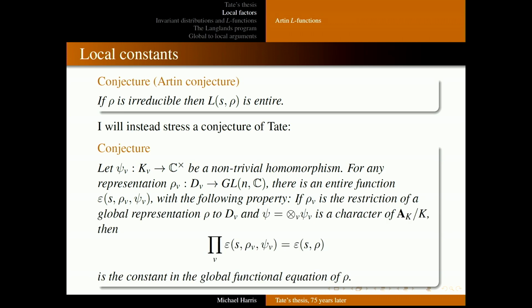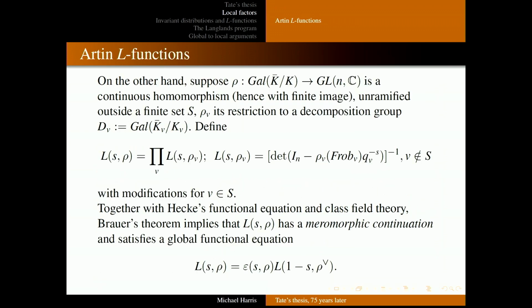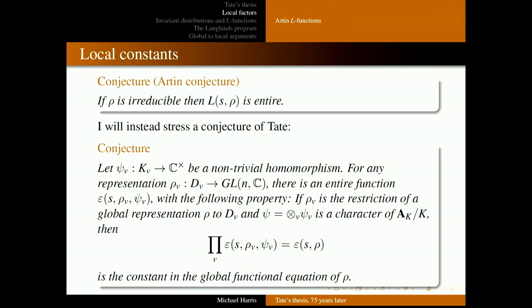Suppose rho is the restriction, doesn't define it uniquely, suppose rho is the restriction of a global representation, rho, in principle of Artin representation, and psi is a global additive character. Then the product of the epsilons is the constant in the global functional equation of the previous page of the Artin L function. All right, that's a conjecture.